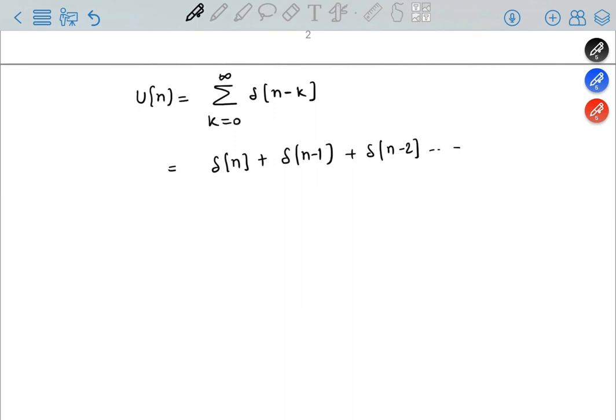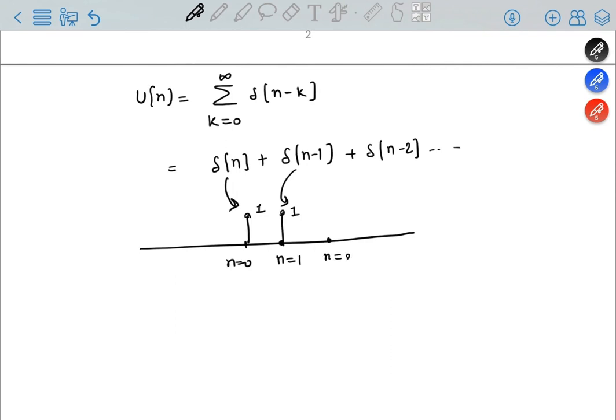If we represent all this in a single plot, how will it look? For n equal to 0, it will have a 1 because of this signal. Then we are adding another signal at n equal to 1, which will take a value of 1. Then we shift the signal by 2, that is del of n minus 2, so at n equal to 2 it will take a value of 1, and so on.